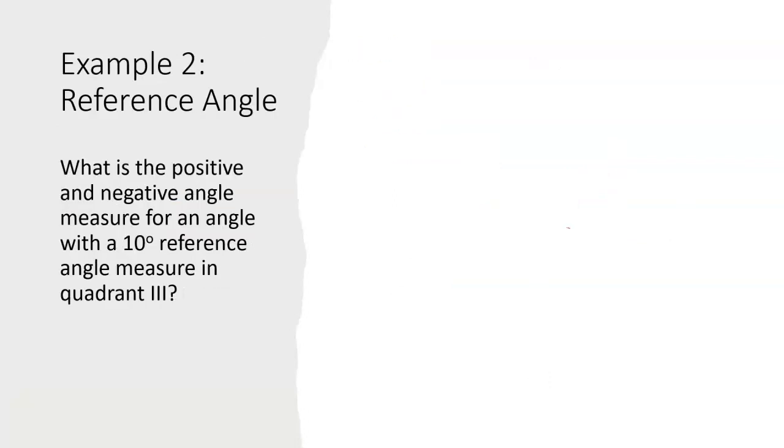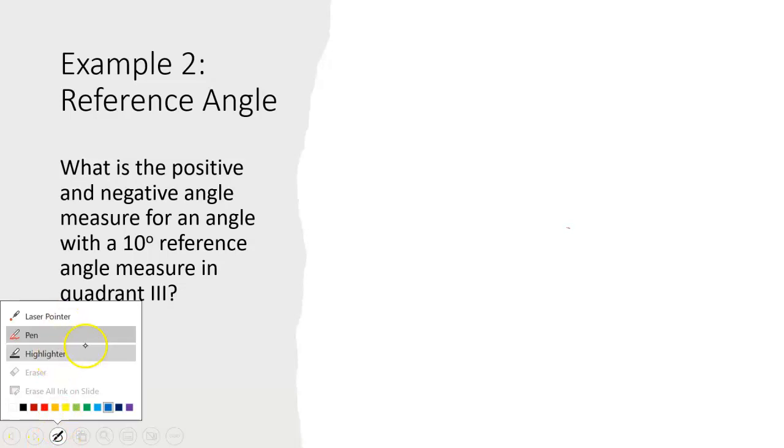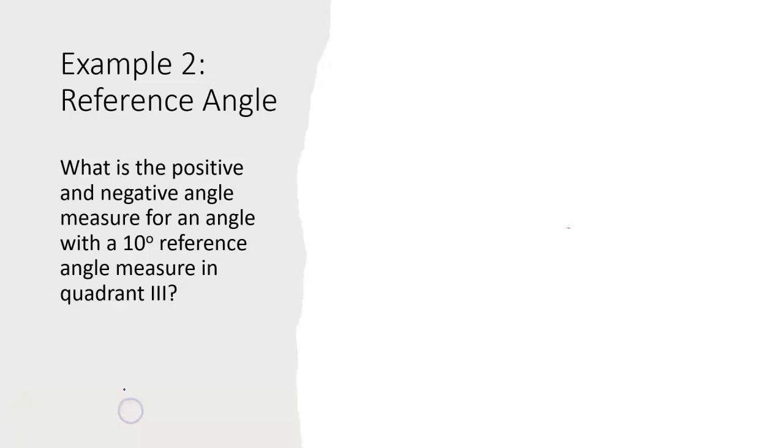Another type of problem is I could tell you the reference angle, and then I could ask you for the angle measurements for it. So if the reference angle is 10 degrees, I can draw a picture, and it's in quadrant 3. So if I count out, this would be 1, 2, 3, and this would be 4.